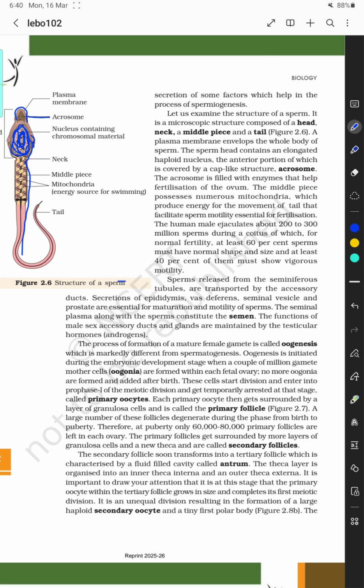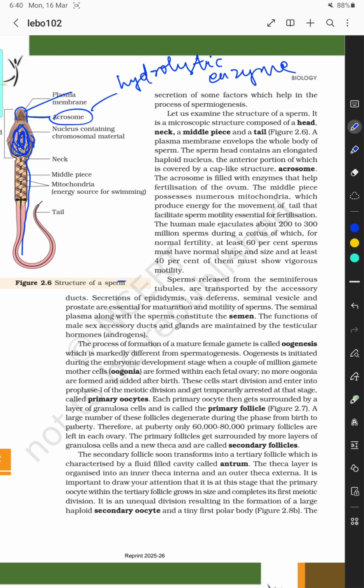The acrosome is filled with hydrolytic enzyme, which helps in fertilization or penetration of the ovum.